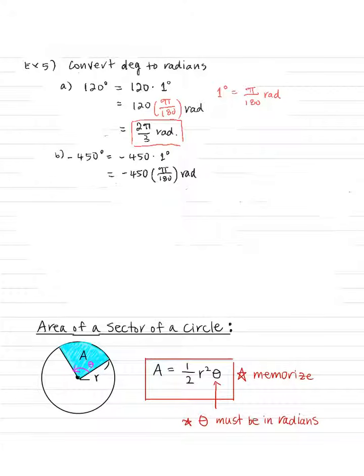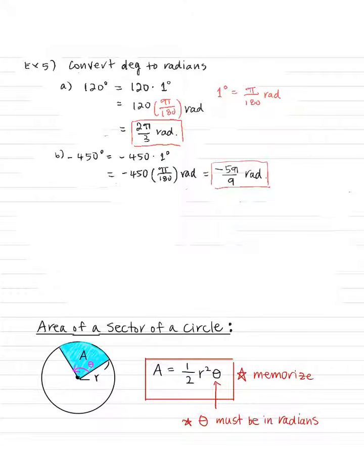So multiplying that together, you got negative 450 pi over 180, which is negative 5 pi over 2 radians. So negative 450 degrees is negative 5 pi over 2 radians. All right, so that was example 5.